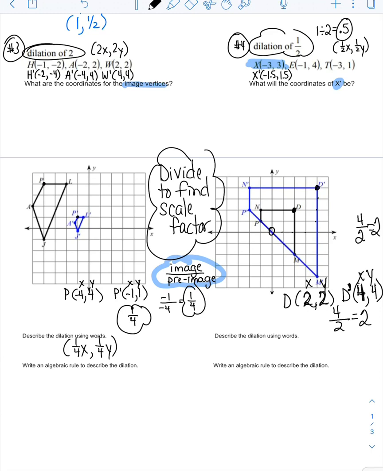So I have a dilation of 2, so in my rule, it will be 2x, 2y. I'm sorry, this should be the algebraic rule, and with words, for the previous one I would have a dilation of 1/4.